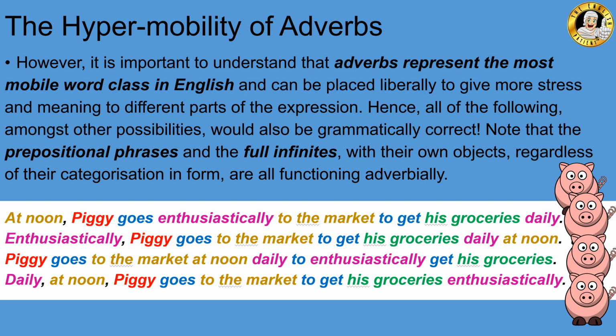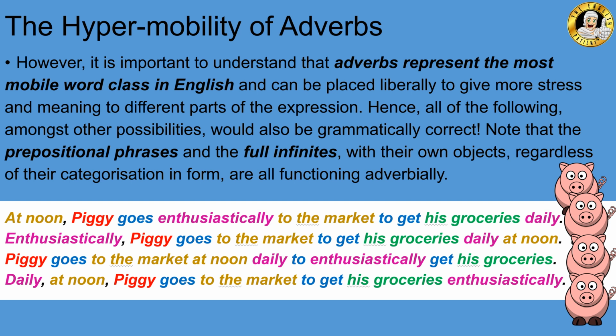So there are so many possibilities to the expression we saw on the previous slide. For example, at noon. Now, if you have an adverb at the beginning, you typically follow it with a comma. So you can see there's a comma whenever there's an adverb or adverbial at the beginning here. At noon, Piggy goes enthusiastically to the market to get his groceries daily.